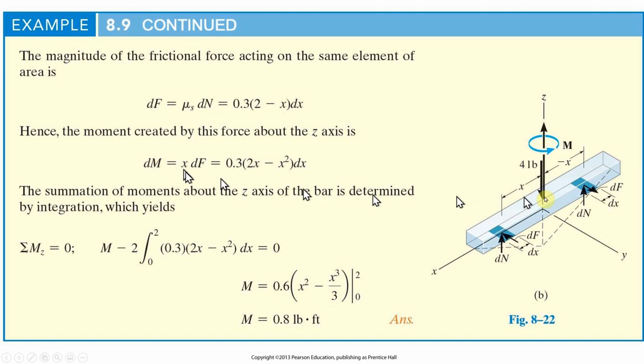Differential moment is going to be distance from the center times dF. We've already figured this all out. Substitute this into here, and you get this. Now, integrate from 0 to 2 of this expression.